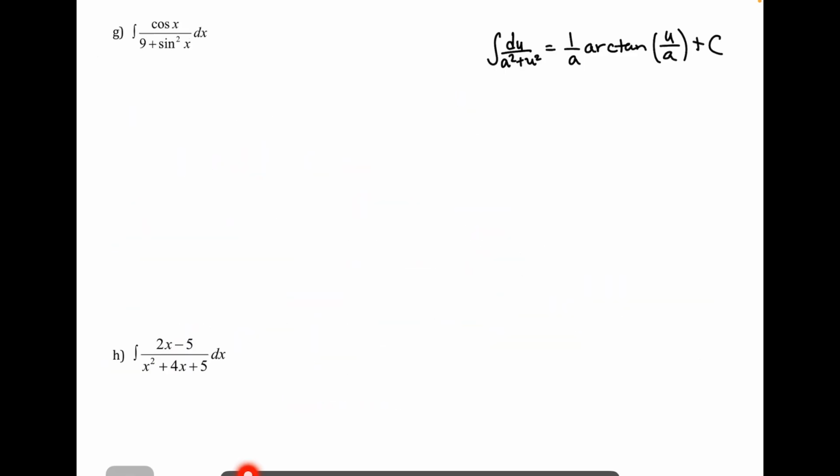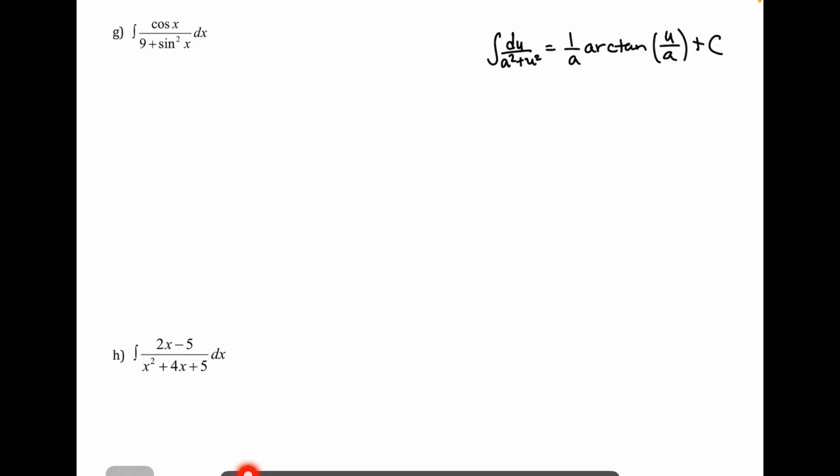My next example, cosine x over 9 plus sine squared x is the function we want to integrate. This one actually fits into our arctangent pattern. It's a little bit harder to see just by looking at it. But notice in the denominator, you have a constant, which is 9, plus something with a variable squared.